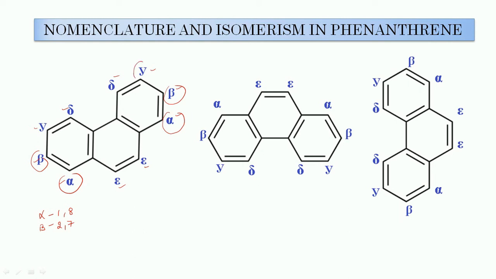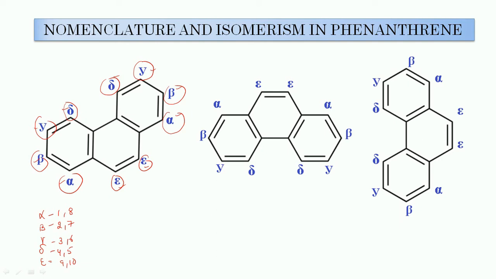Then gamma, this one and this one, is carbon number 3 and 6. Then delta is carbon number 4 and 5, and last is epsilon, these 2, which is carbon number 9 and 10.